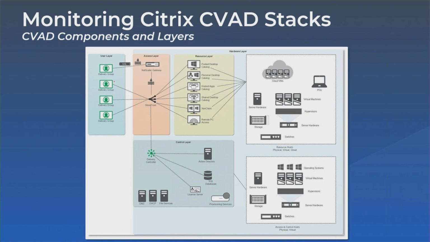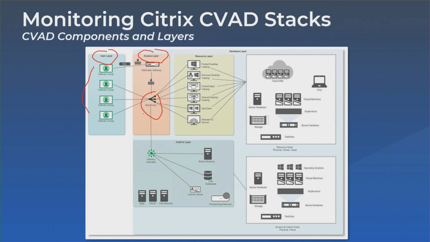This is a really common CVAD stack, an on-premise one. I can see a user layer up here with several delivery groups in it. Your delivery groups represent user resources like virtual applications or virtual desktops. I can also see an access layer, and there's StoreFront in it, and StoreFront holds up your delivery group objects.